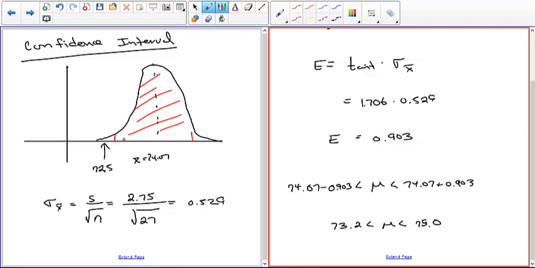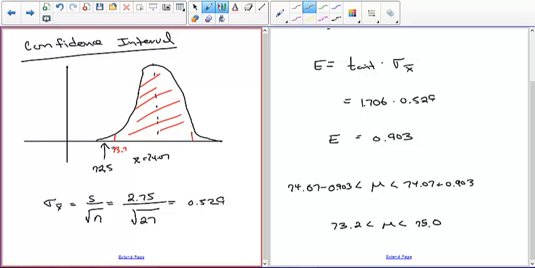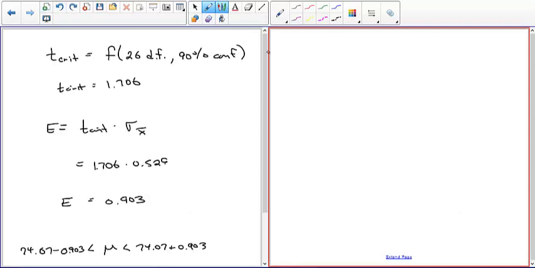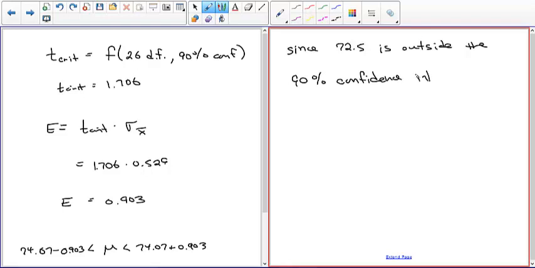Okay, so this number here is 73.2, this one is 75, and because 72.5 is less than 73.2, what we can say, since 72.5 is outside the 90% confidence interval, we reject the null hypothesis.